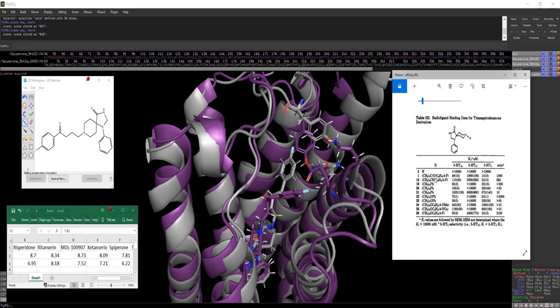However, we can see that once you add this big bulky group over here and can actually extend into the extended binding pocket, you start increasing the affinity of this compound for these receptors. And you can see it is somewhat length dependent. As you decrease the length, it doesn't extend as readily out, and therefore your affinity starts to decrease more and more.